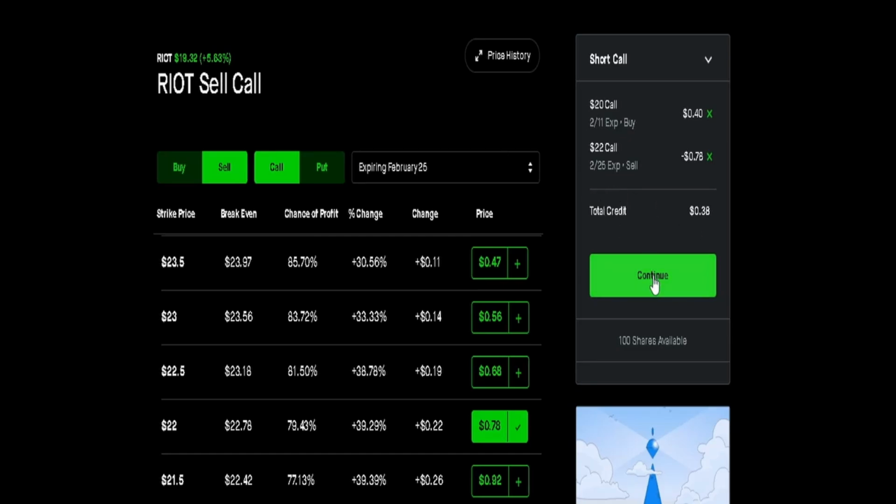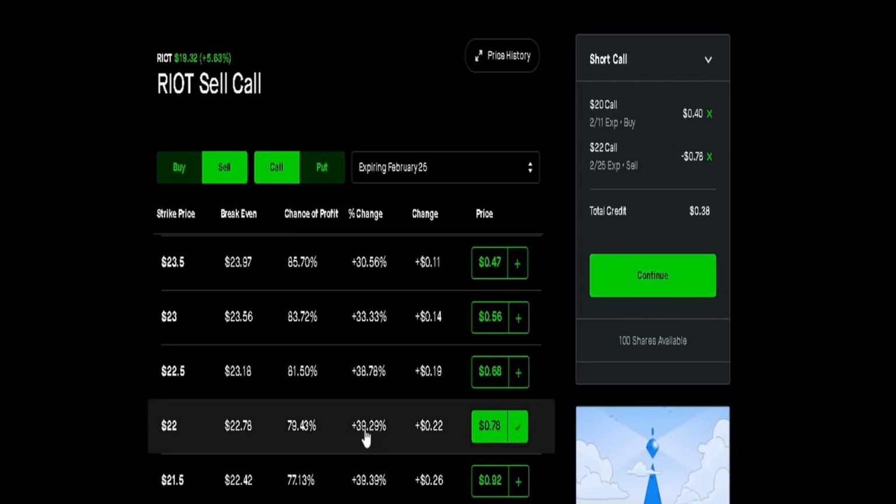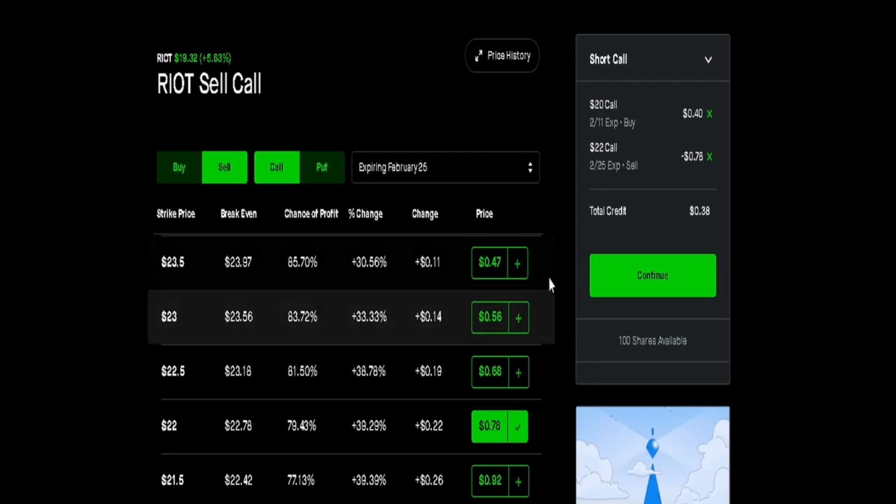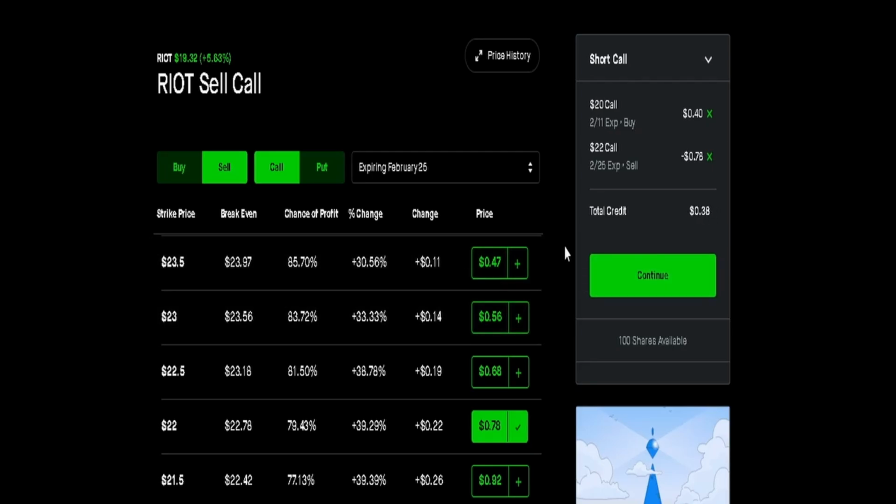So if I were to do that, obviously during business hours, and it were to be filled, I would buy back the $20 call expiring this Friday, and I'd be selling another call for $22 expiring on the 25th, and I would pocket $38 in credit or premium, and I would get to keep that money. I wouldn't have to give it back. It's mine to keep, and I can do anything I want to with it.